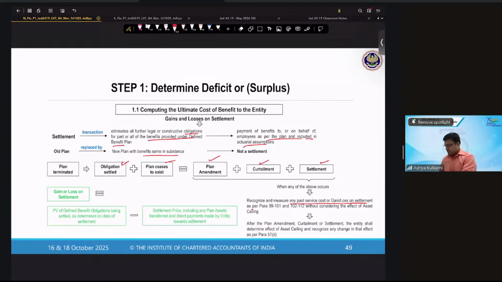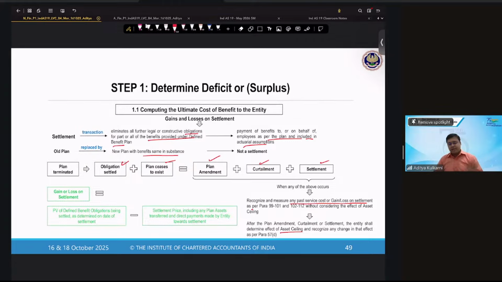Okay, next. After the plan amendment, curtailment or settlement, the entity shall determine the effect of asset ceiling and recognize any change in that effect as per 57C. What is asset ceiling? I'll come later. Okay, but for now just remember, you recognize the past service cost or gain or loss on settlement immediately.